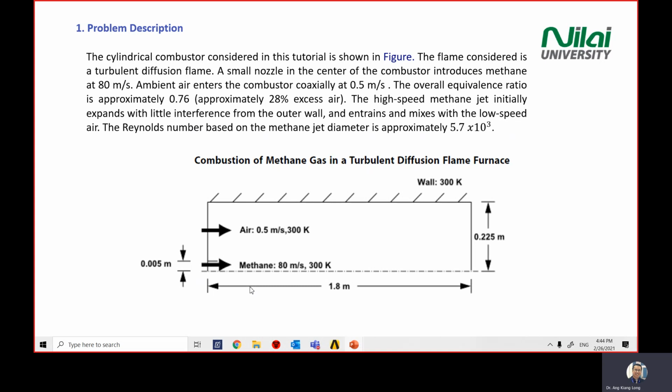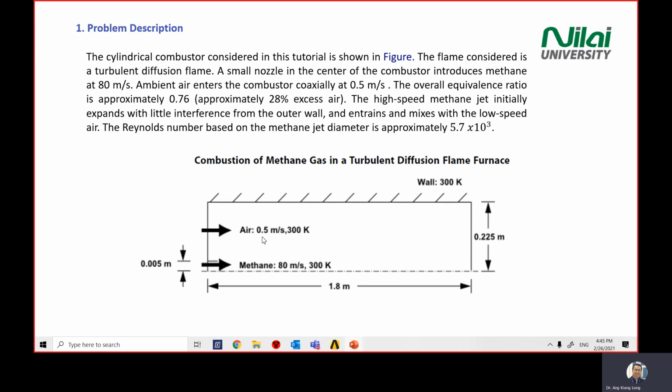The length of the combustor is 1.8 meters, and the radius of the combustor will be 0.225 meters, and we have a wall in this section. The information you can read from here, we have all the parameters here.